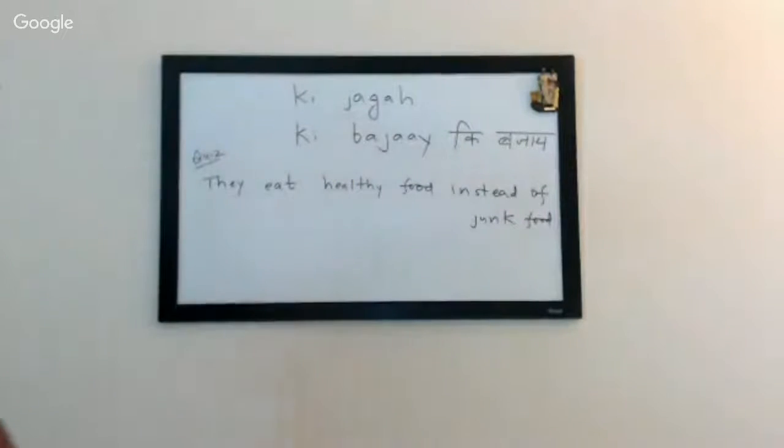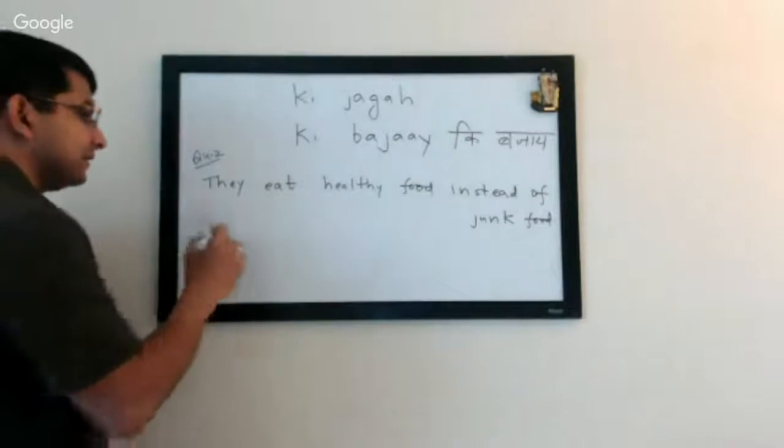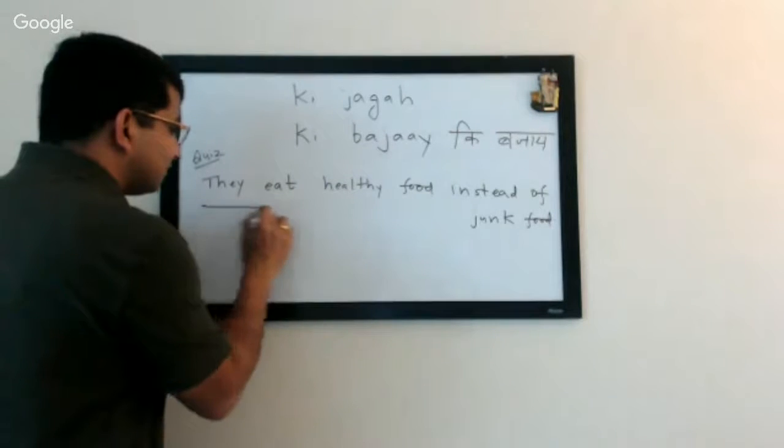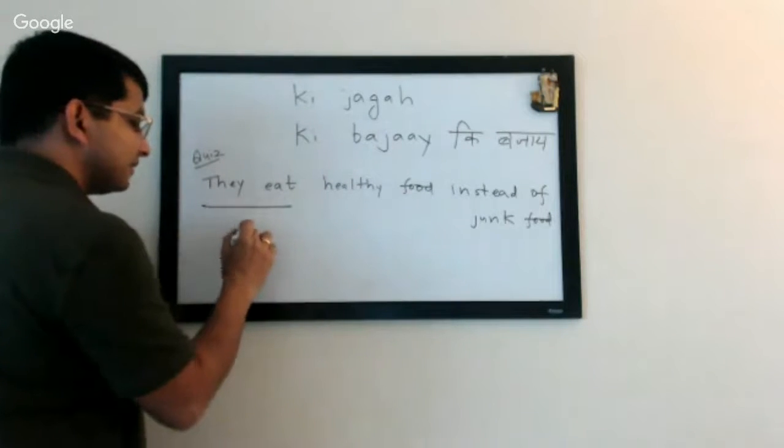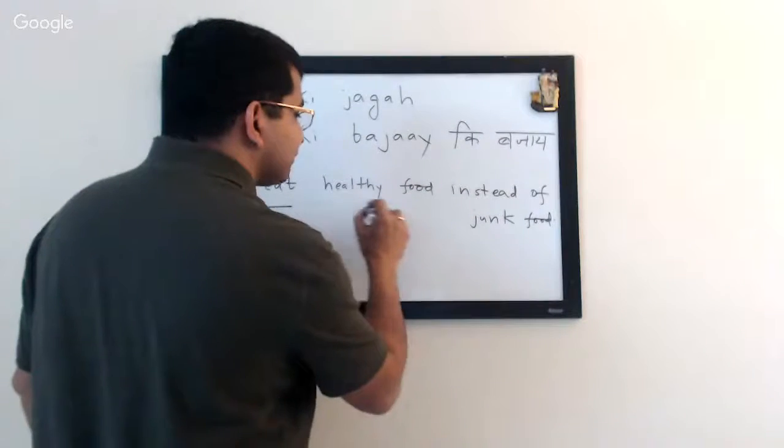Okay, so take your time and see if you can write it down. How do you say this one in Hindi? As always, try to break it down. This is your first sentence. Healthy food instead of junk should be simple for you.